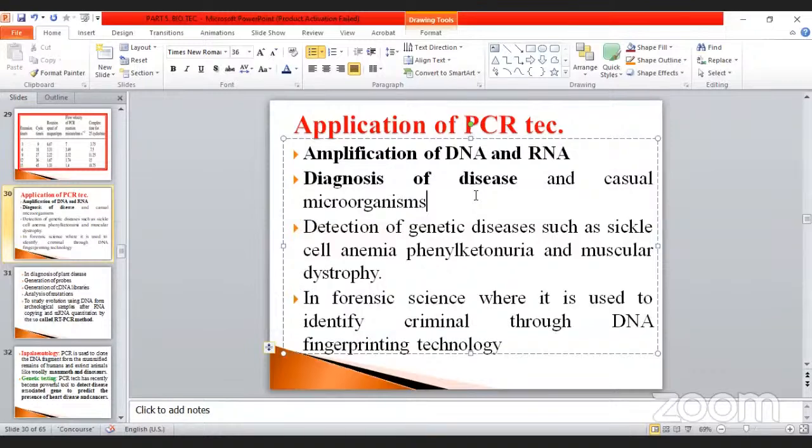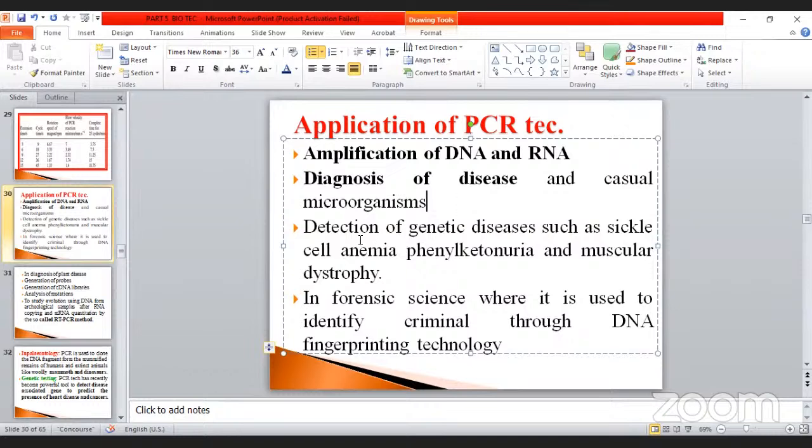Any particular sequences may indicate at which age, which disease will affect you. Suppose if you know before it affects you, you can escape from the disease. Okay, so that is the reason.